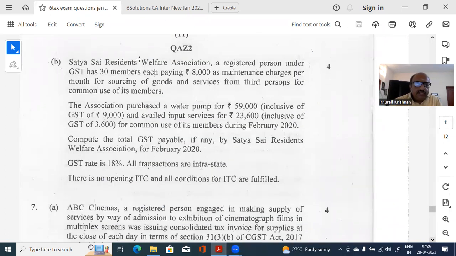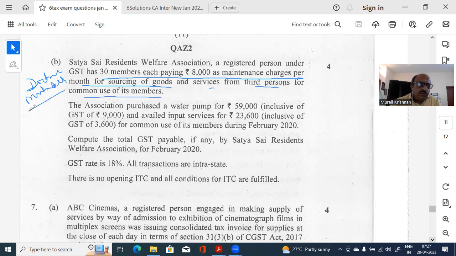Satya Sai Resident Welfare Association, registered under GST, has 30 members paying 8,000 as maintenance charges per month for sourcing goods and services from third persons for common interest. Now, here is the doctrine of mutuality, clubs, etc. Mind you, earlier this was exempt under the service tax law, but today in GST they are specifically included so that it doesn't escape taxation.